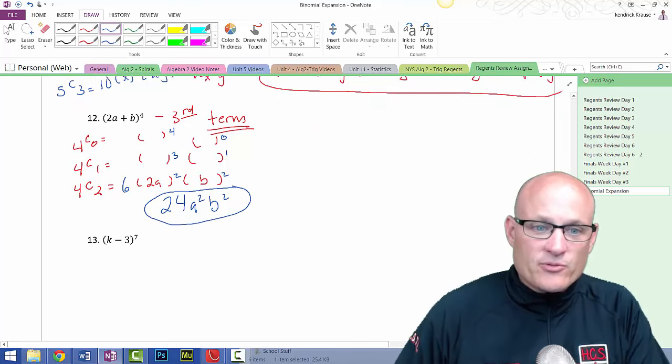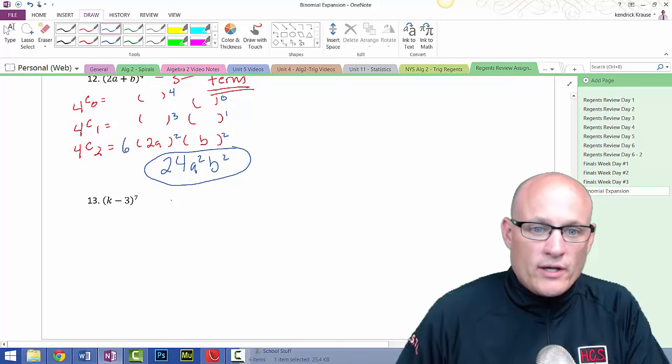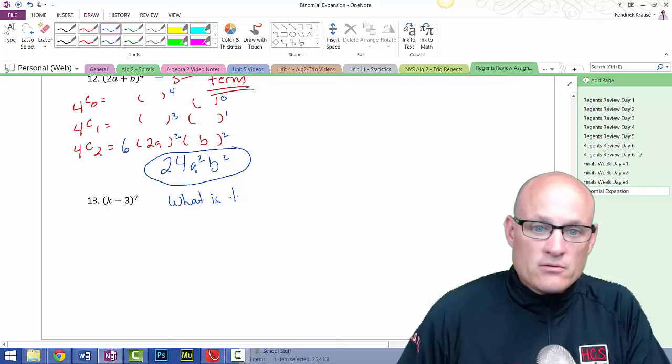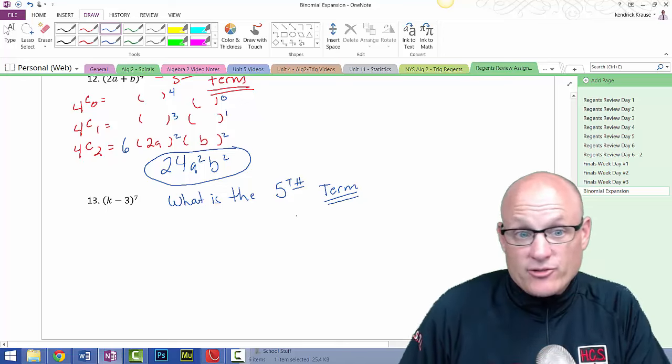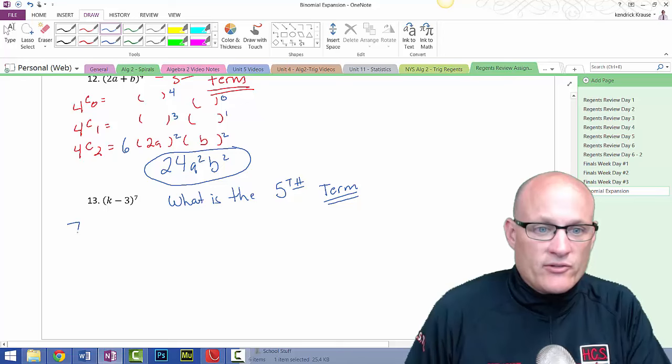So what if on this one they said, okay, what is the fifth term? All right, well, you just use combinations, and we're going to say, okay, it would be 7C0, that's 1, 7C1, that's 7.